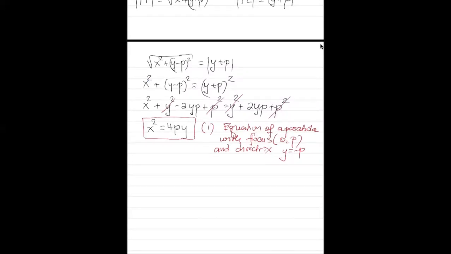So x squared equals 4py. We can solve for y and have y equals 1 over 4p times x squared.